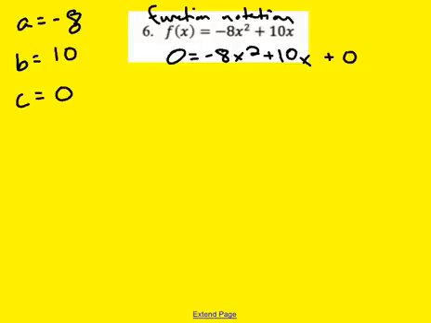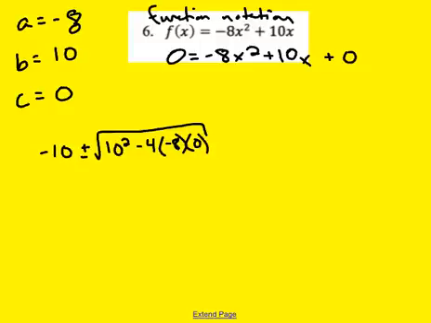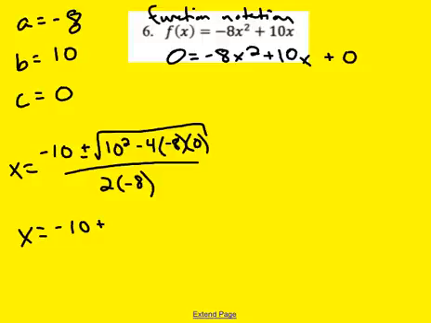So then when I would do my formula, negative B is negative 10 plus or minus the square root of 10 squared minus 4 times negative 8 times 0, divided by 2 times negative 8. These are going to equal my x's. My x's equal negative 10 plus or minus, well, this is going to be 100 minus 0 actually, divided by negative 16.